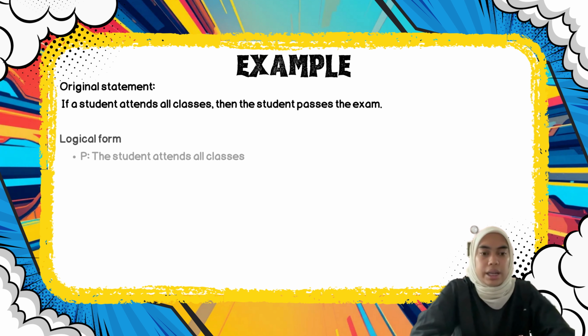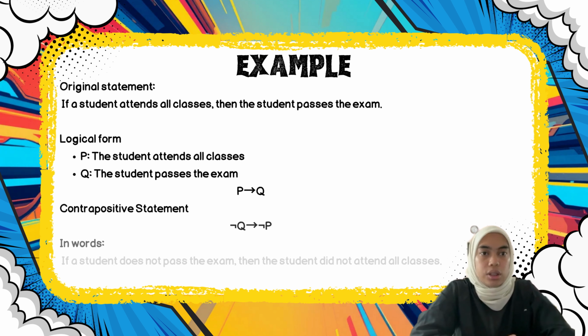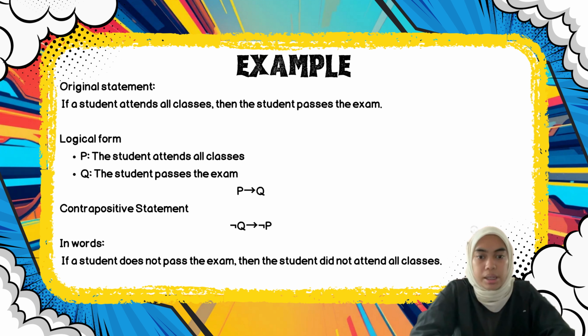Now, we can see another example for the contrapositive method. The original statement is: if a student attends all classes, then the student passes the exam. Now, we identify the hypothesis and the conclusion. The hypothesis is the student attends all classes and the conclusion is the student passes the exam.